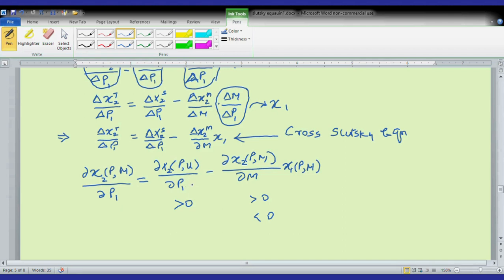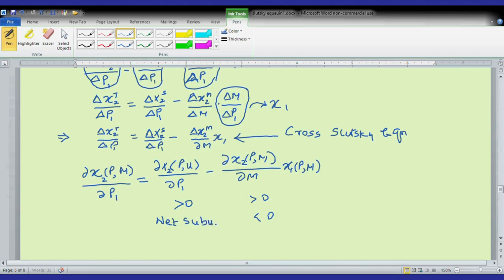Whenever this is the case, we say that good 2 and good 1 are net substitutes. So a cross substitution effect greater than 0 implies that the goods are net substitutes.